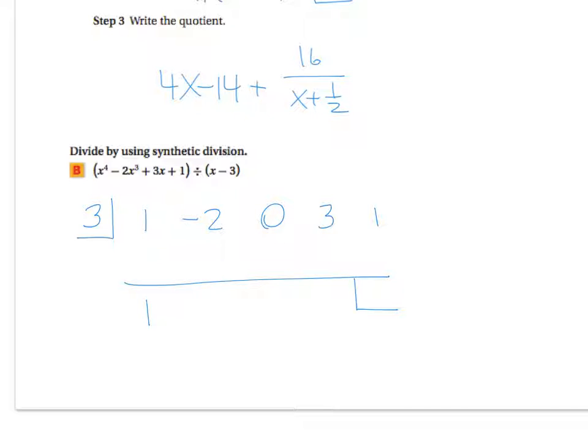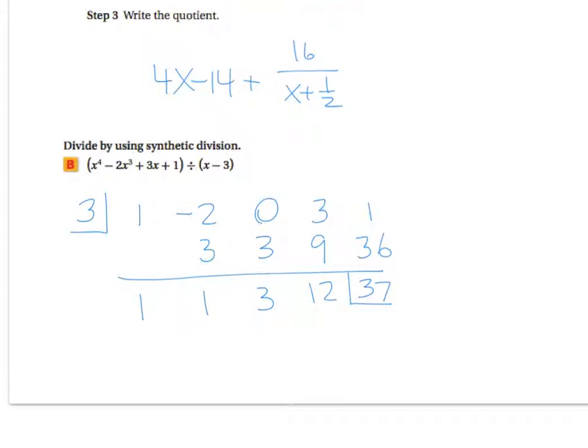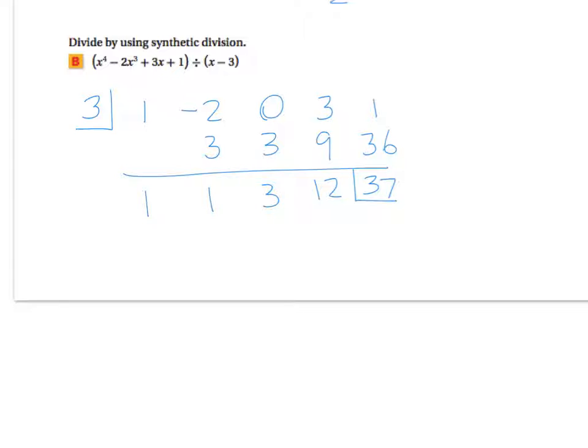Bring the first one down, multiply, add, multiply, add, multiply, add, multiply, add. One less exponent, so this would be x to the 3rd plus x squared is 3x plus 12 plus 37 over x minus 3.